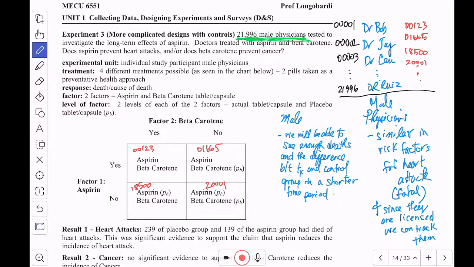No comments? How many would end up in each group, approximately? About 5,000, right? Something over 5,000 each.